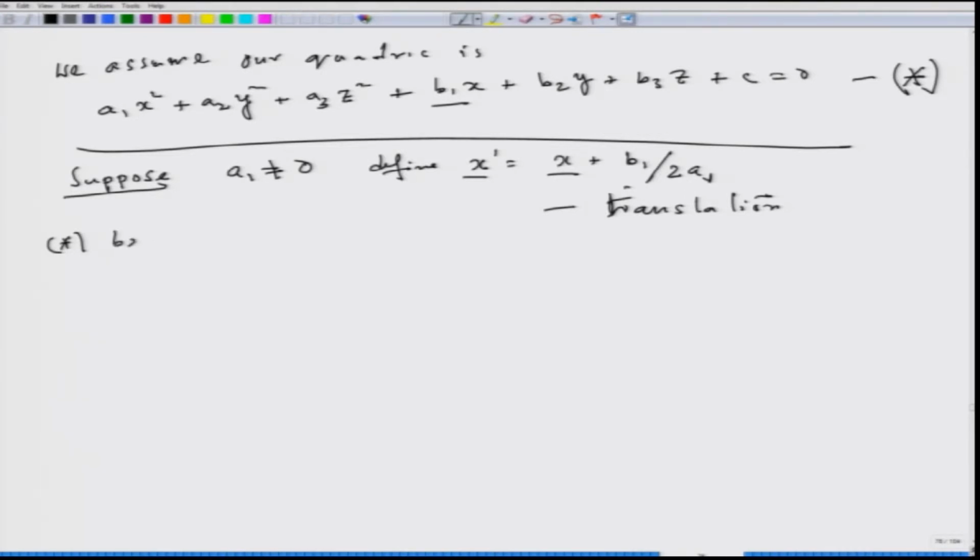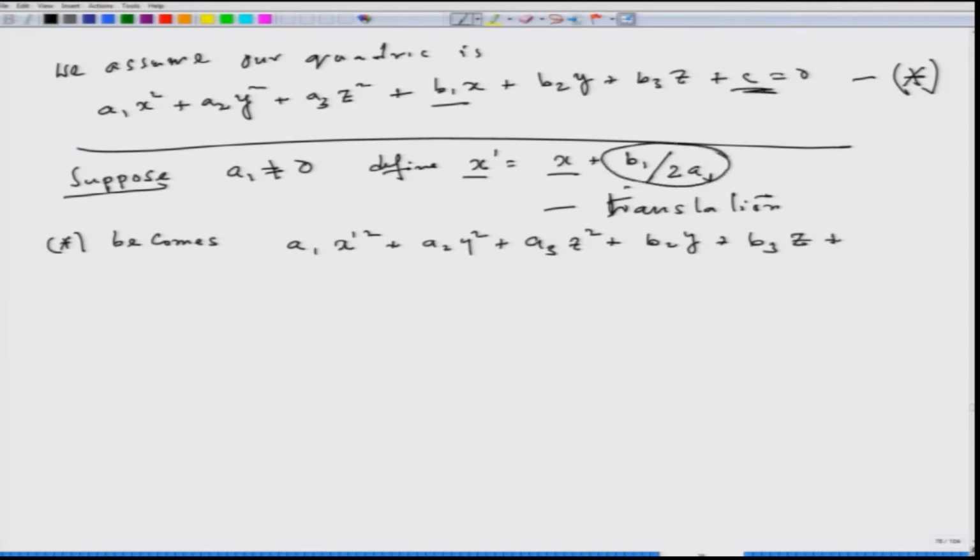The star becomes a1 x prime square plus a2 y square, these are not touched, a3 z square, plus b2 y, b3 z is not touched, this constant will change because there is something here, some c prime, equal to 0. Instead of x you put x prime minus b1 by 2 a1.